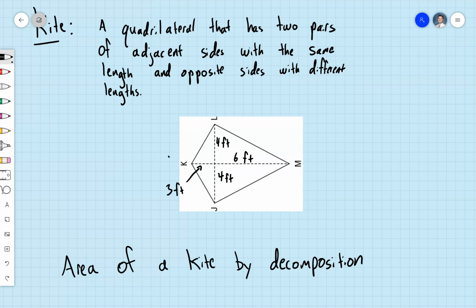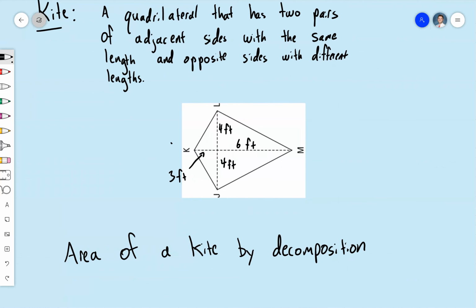So if we were to look at this, we can see that we could actually make two triangles out of this kite. We could find this triangle that I'm highlighting in yellow, and if we find the area of that triangle as well as the area of this triangle, then we would know the entire area of this kite.